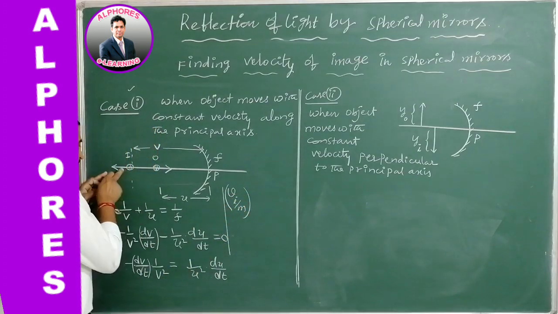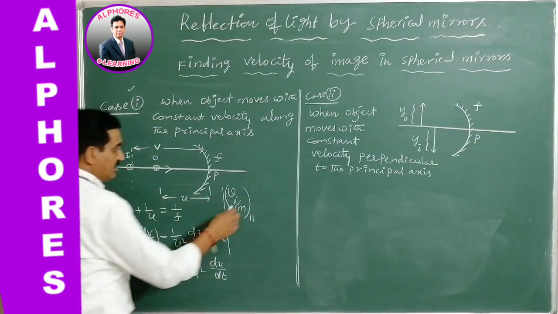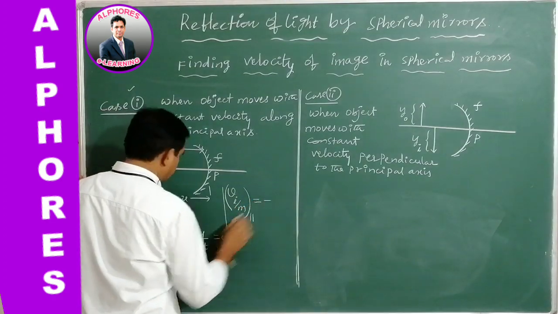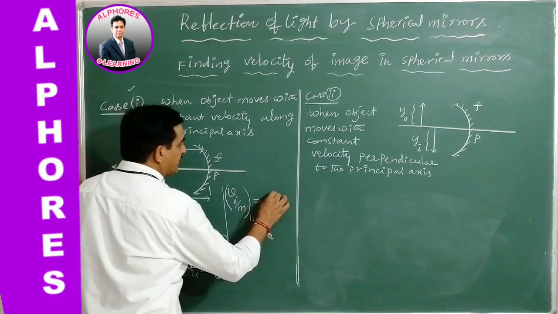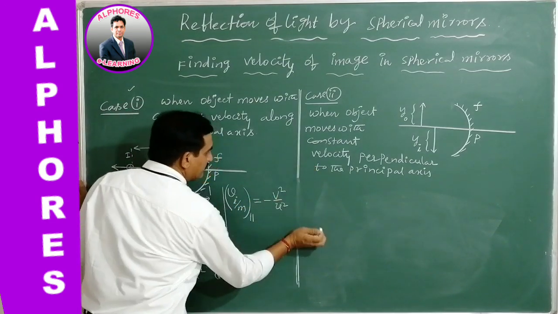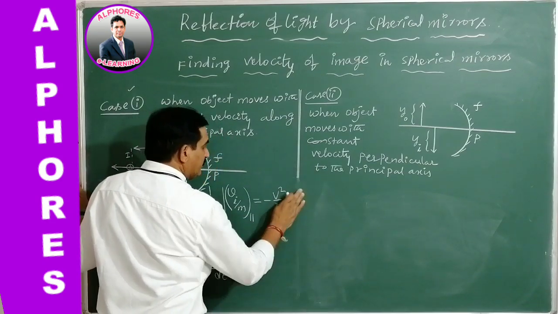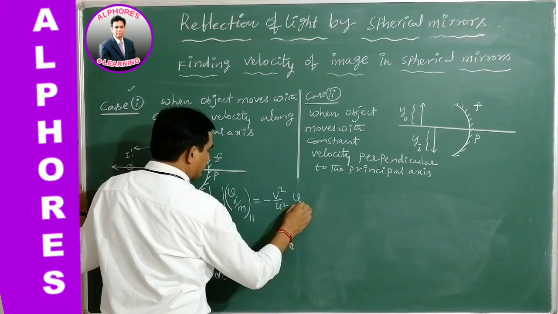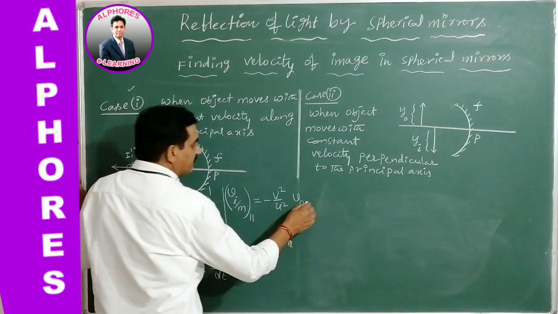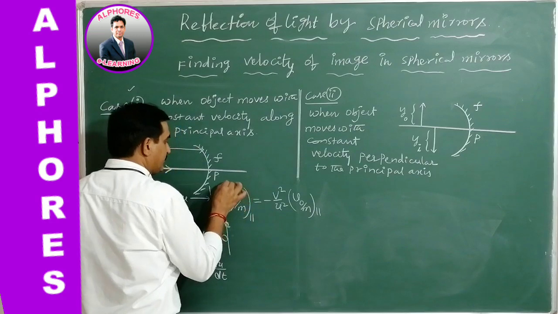Which component? It is moving parallel to the principal axis. So it is equal to minus v square by u square into the velocity of the object, du by dt, with respect to the mirror parallel to the principal axis.